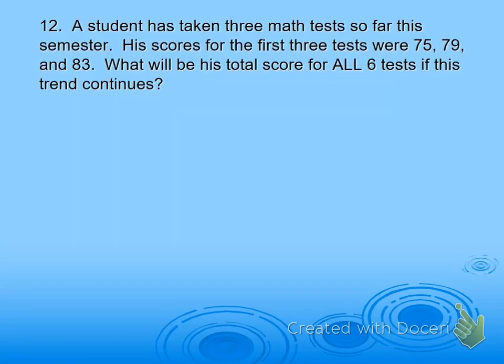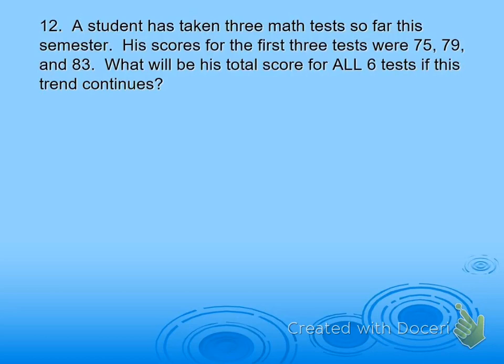Let's go to the next one. A student has taken 3 math tests so far. His scores for the first 3 are 75, 79, 83. What will be his total score for all 6 tests if this trend continues? Wouldn't that be nice, that you were guaranteed a trend of increasing your math grade?